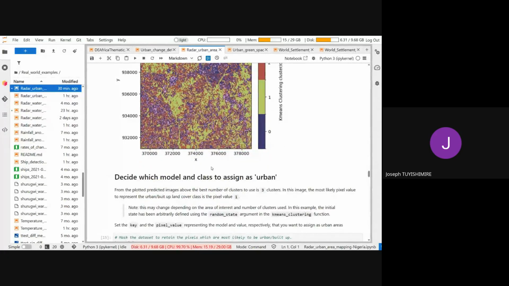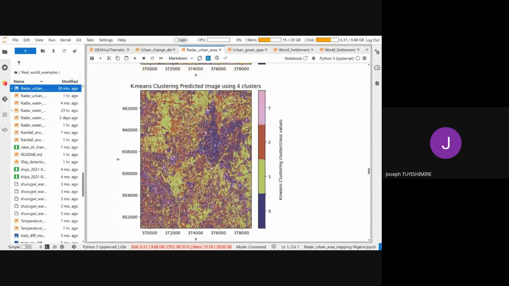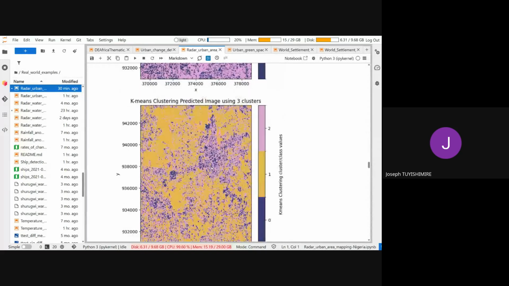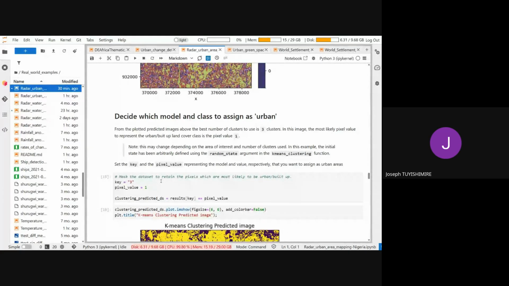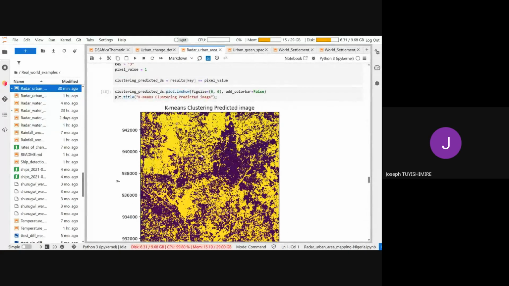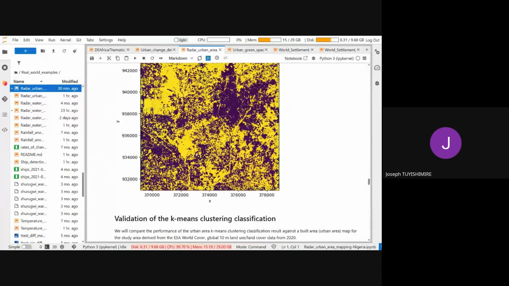Then we went for the second one, and we read that urbanization should be class number one, and that's why we are inside this class, and then we get urbanized areas, urban areas.